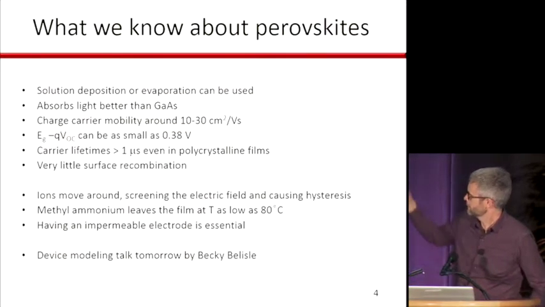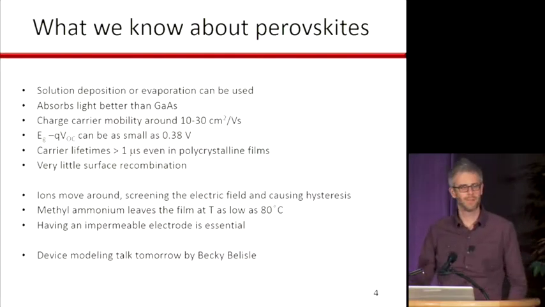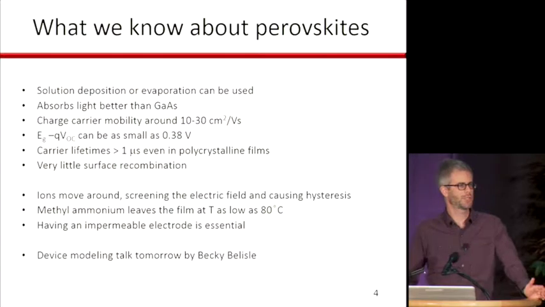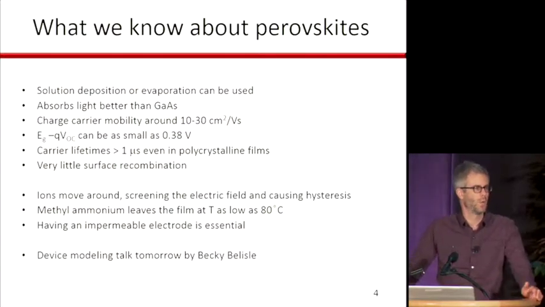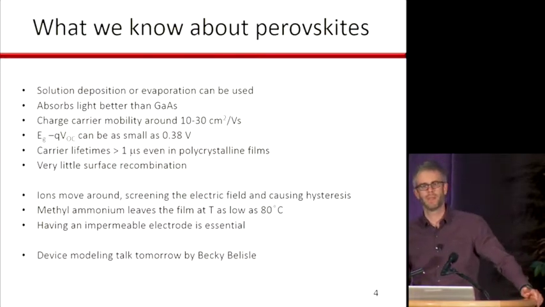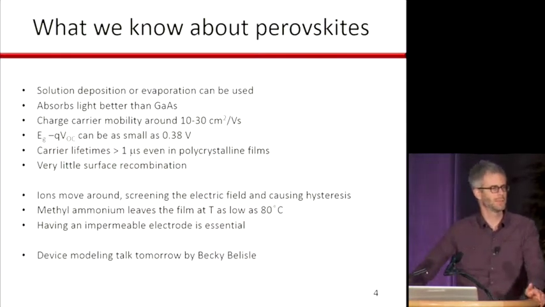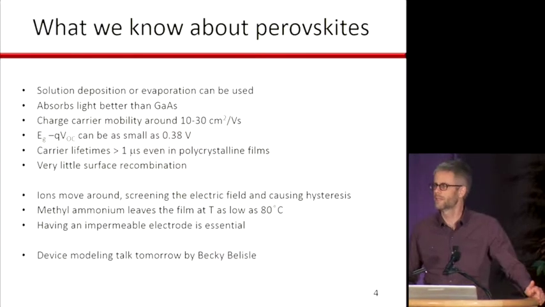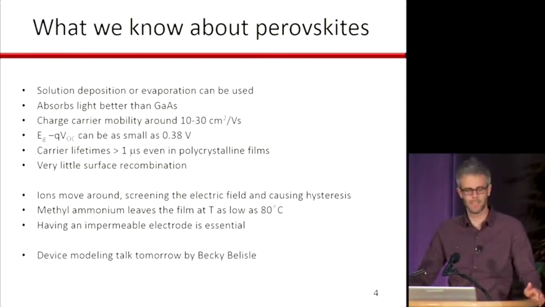The main points of what we now know about the material: we can solution deposit it, or spin cast it, or we can spray it, or we can evaporate it. And you get a polycrystalline film, and in a lot of ways you could think of these solar cells as being like ones made with cadmium telluride or copper indium gallium selenide.